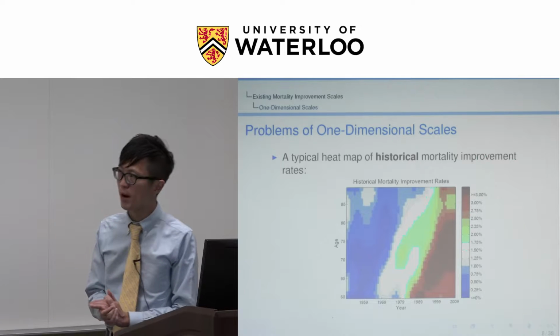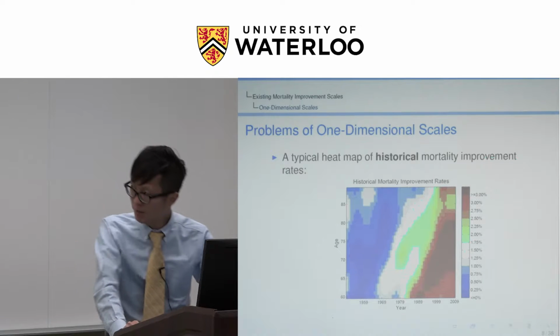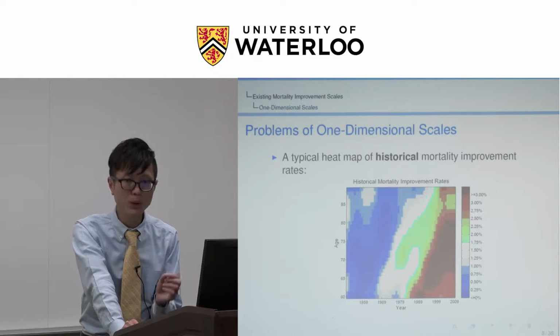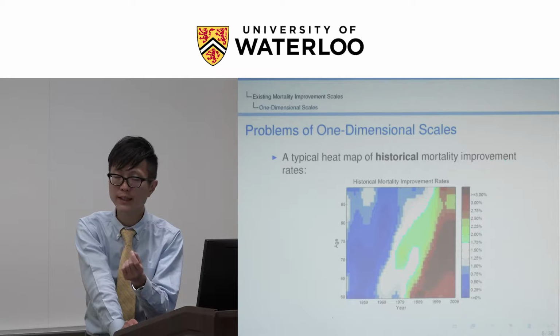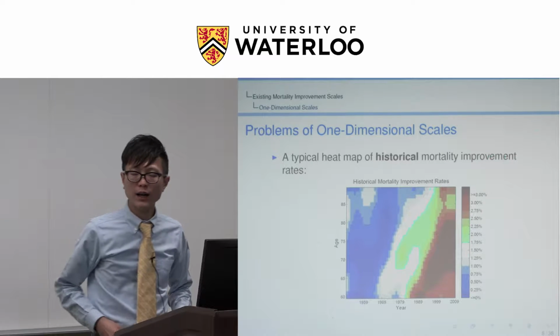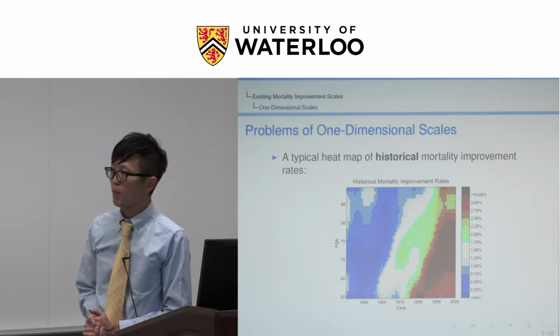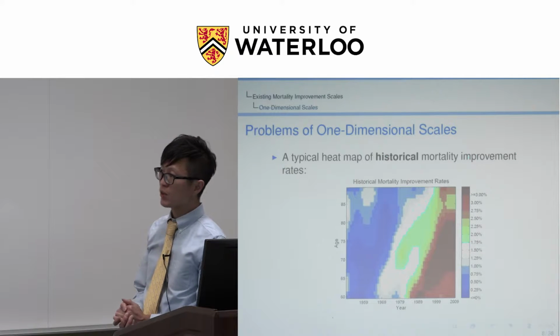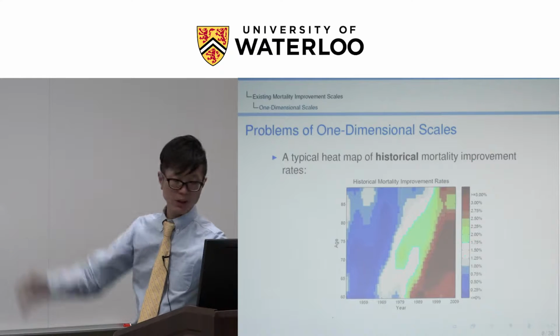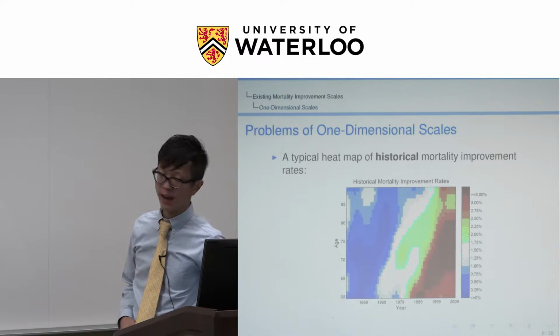And on this diagram, I've shown the mortality heat map generated using historical mortality data from the England and Wales male population. So, on the horizontal axis, we have calendar years. On the vertical axis, we have age.